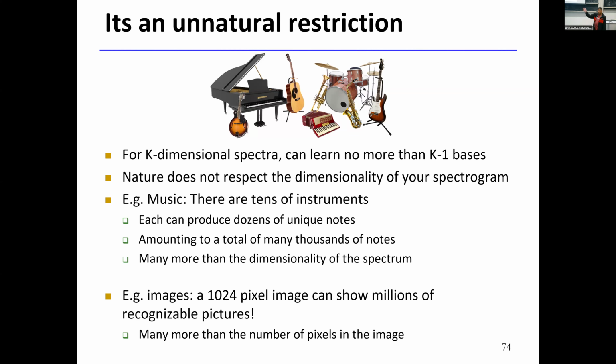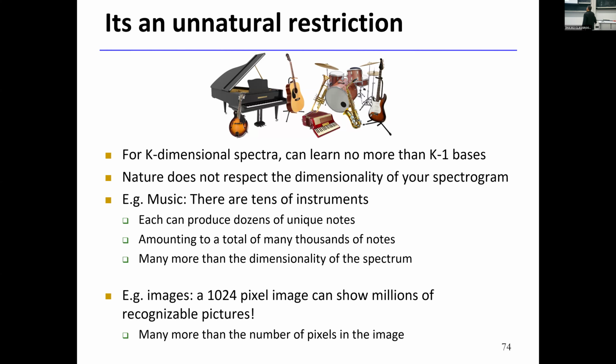Each instrument can play maybe 8 octaves of notes, right? 8 octaves is 12 times 8, 96. Throw in hundreds of instruments, each of them has its own different timbre, different way of generating music. We can come up with tens of thousands of different notes. The fact that your arithmetic representation only permits 1023 bases has no grounding in reality, right? Nature doesn't care about your math.